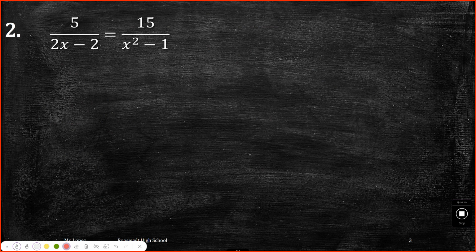Maybe your question could be which one do you put on the left, which one you put on the right? It doesn't even matter which one you do. So I'm going to go down here like this, and cross multiply like this first.